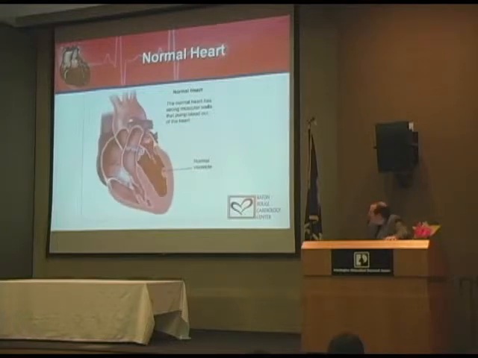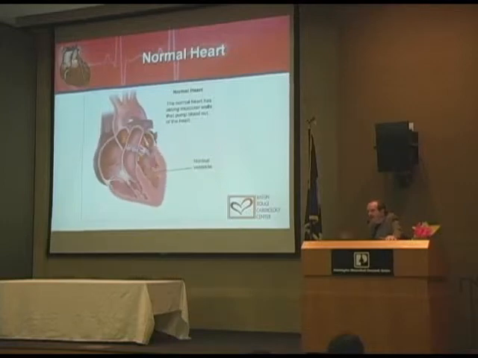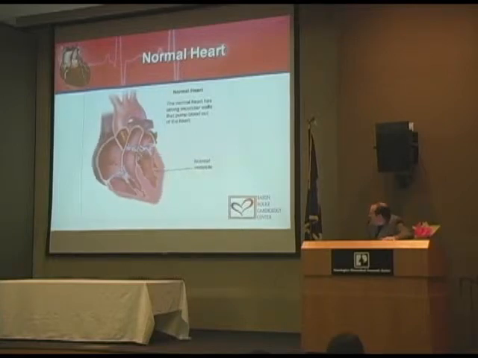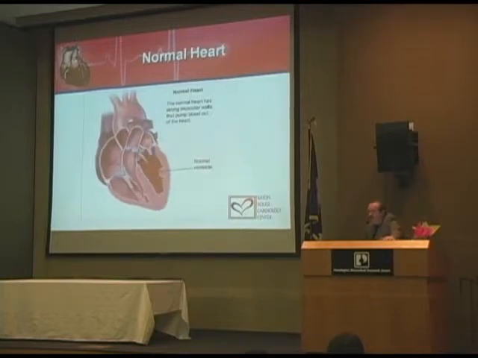Now, where does the heart muscle itself get its oxygen and get its blood? It cannot extract oxygen and blood out of the chamber, okay? So the heart muscle gets its blood supply from the coronary arteries, okay? And if you see right in the middle of the heart there on the top, there's an arrow going up as the blood shoots out. That's called the aorta, okay?